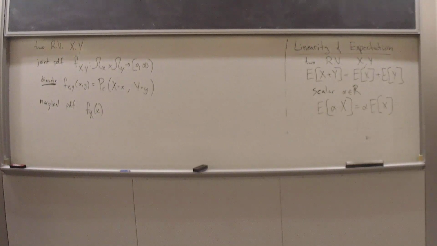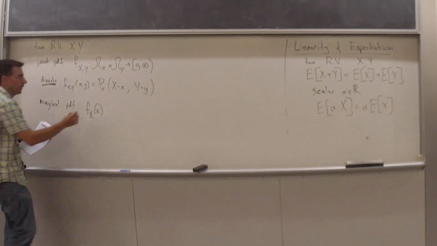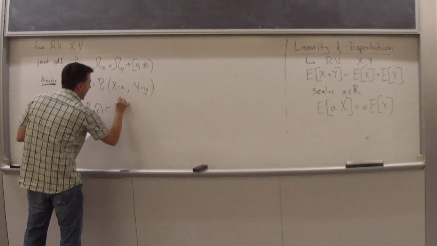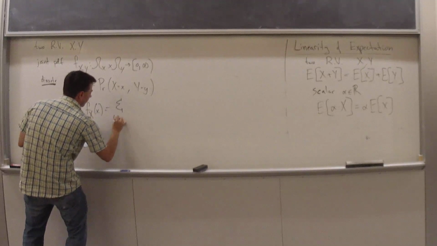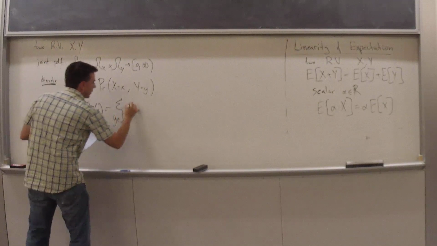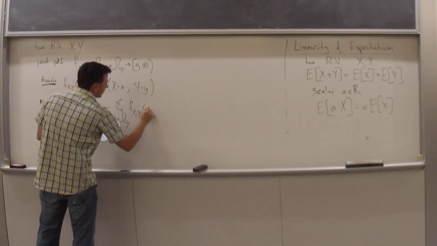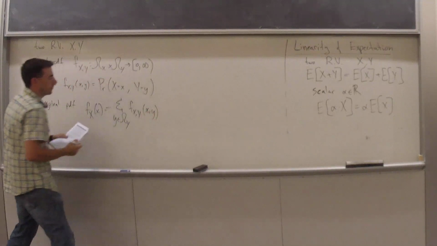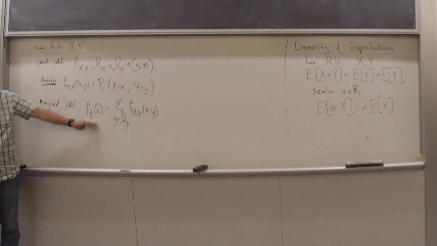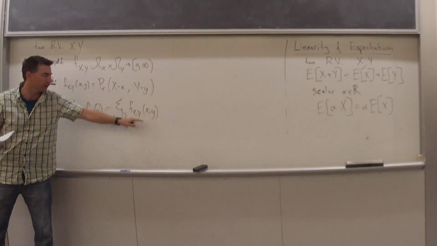I just want to talk about x, but maybe I'm only given the joint PDF. How do I get this? I sum over all values of y on the joint PDF of x and y. I'm going to say it's the sum of all the probabilities for the different values of y as long as x takes on this value.